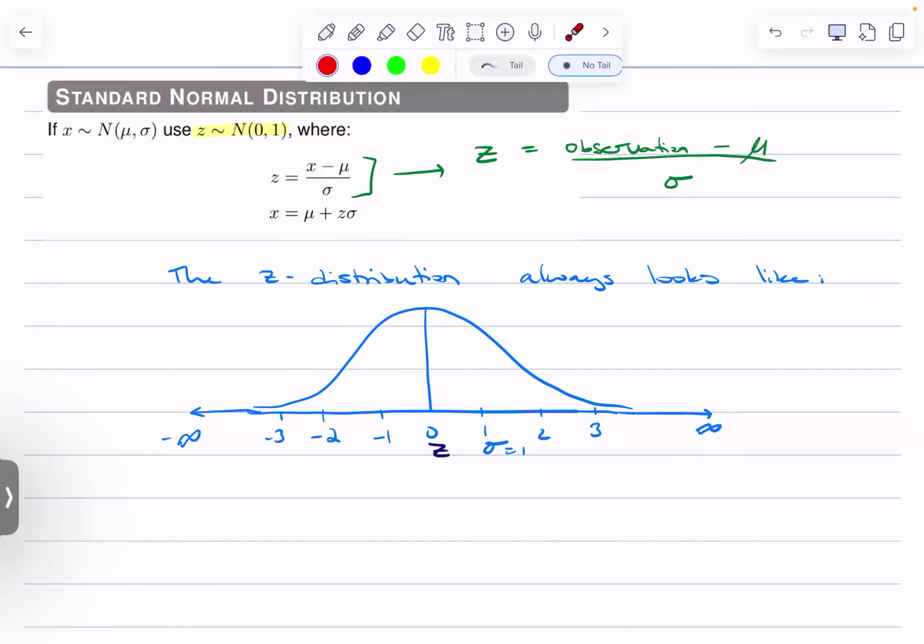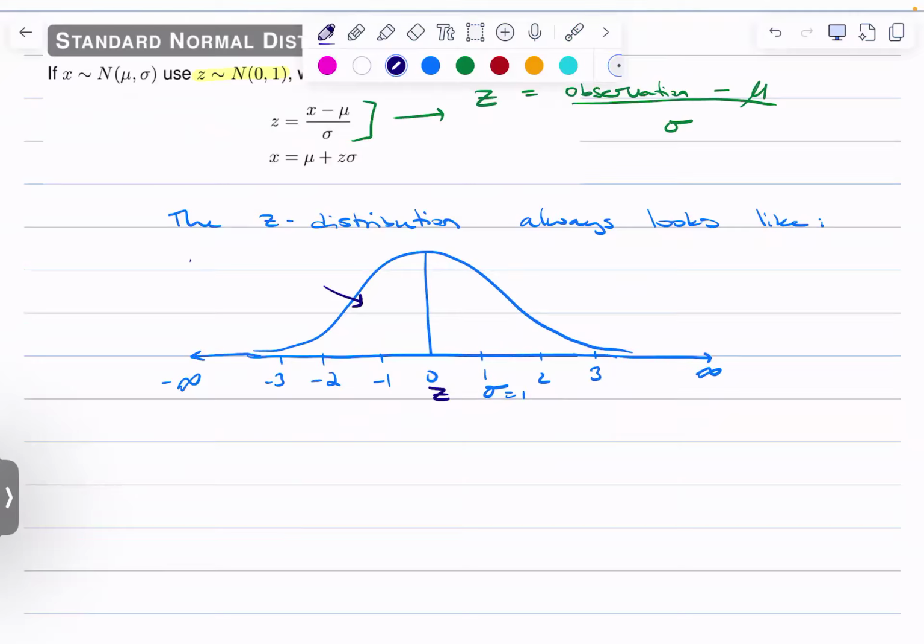Okay, so what else do we know about the Z distribution? Well, it's a normal distribution. And so the total area under the curve must be 1. That's still true. And so here, the total area is 1. That's always true for a normal distribution.